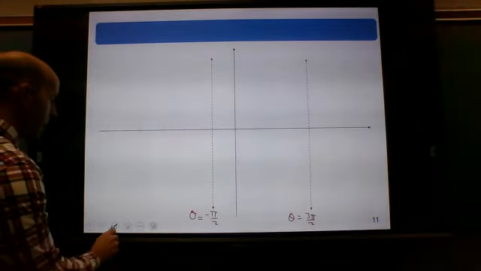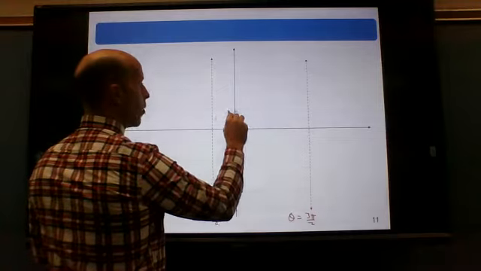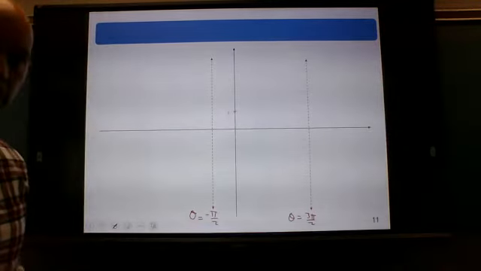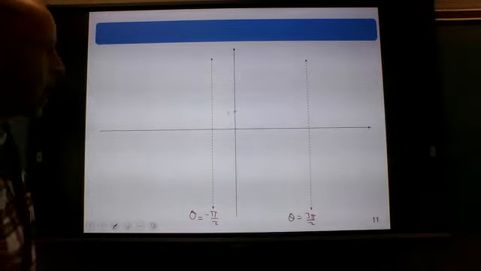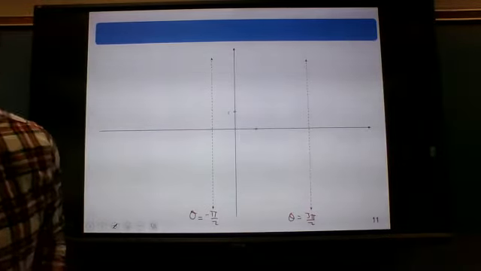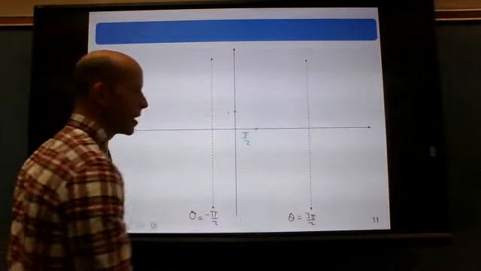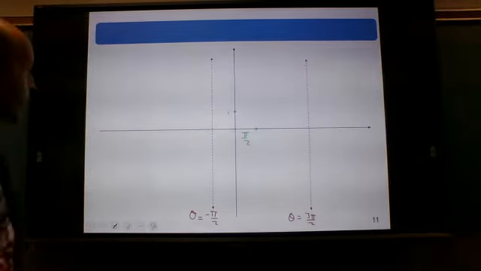We also know that our curve intersected the y-axis, I think, at 1, if I'm not mistaken. So I'm going to put that point on there. I also know that I have a point of inflection. I think we said we had a point of inflection at pi over 2. So I'm going to put pi over 2 right there. And I think we said we had another point of inflection over here.